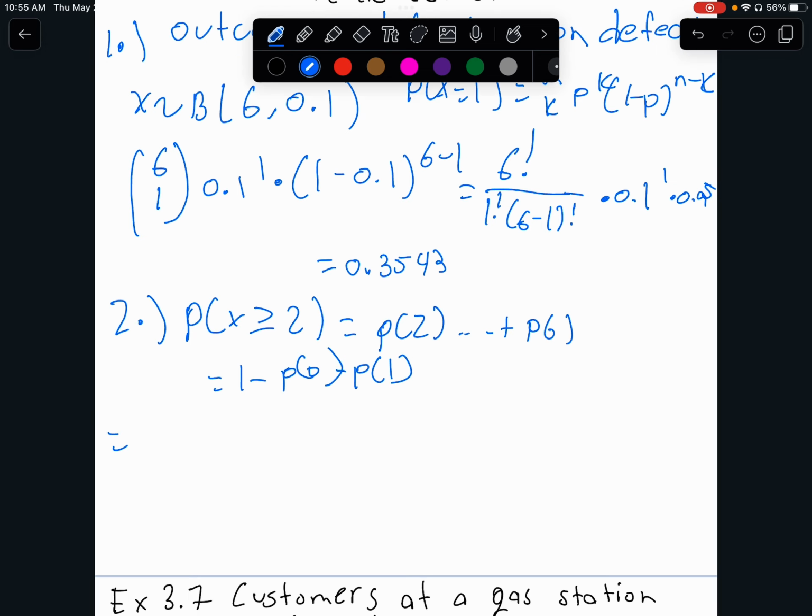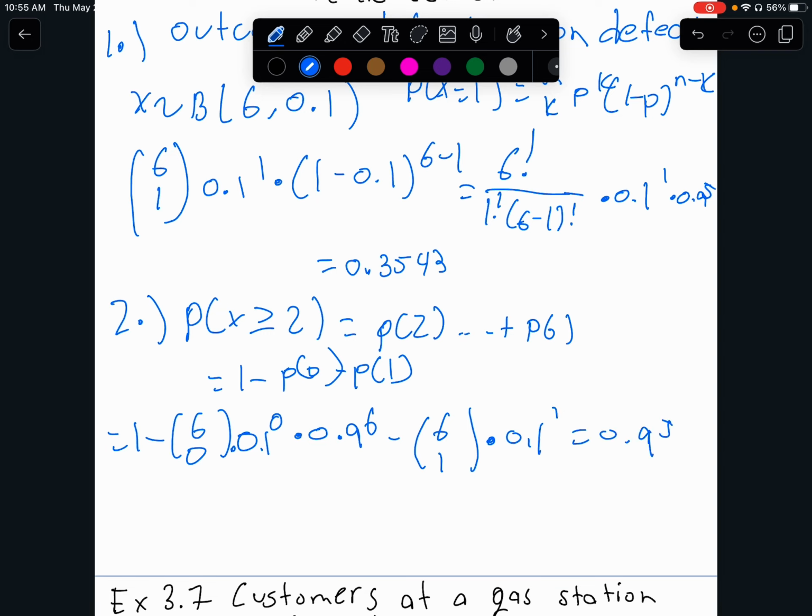We get 1 minus 6 choose 0, times 0.1 to the power of 0, times 0.9 to the power of 6, minus the second value, 6 choose 1 times 0.1 times 0.9 to the power of 5.